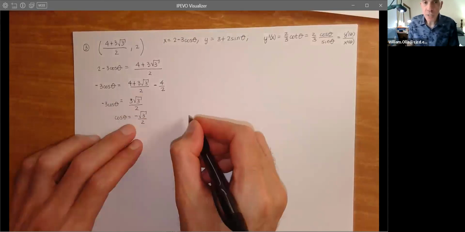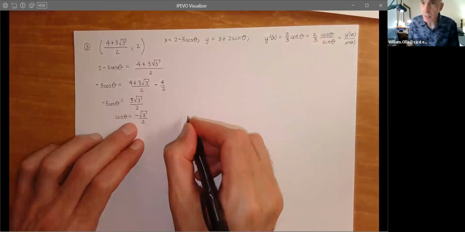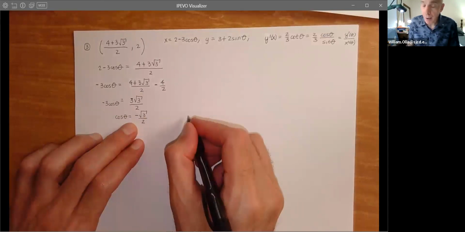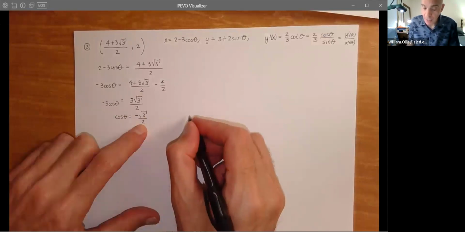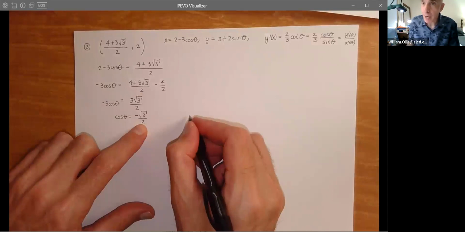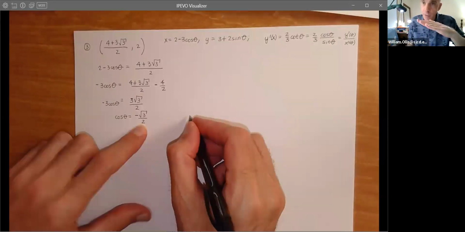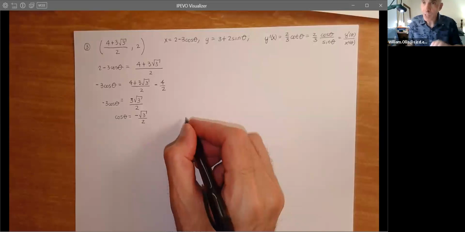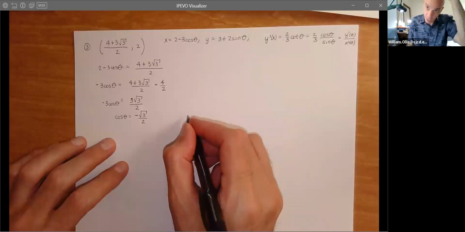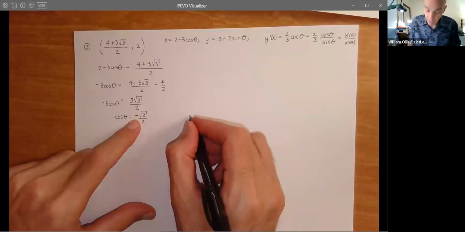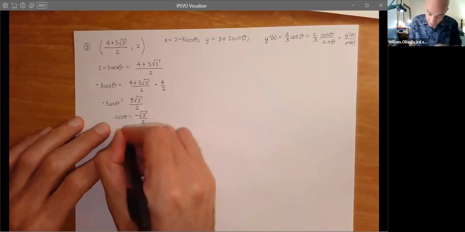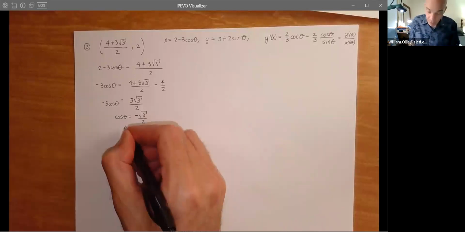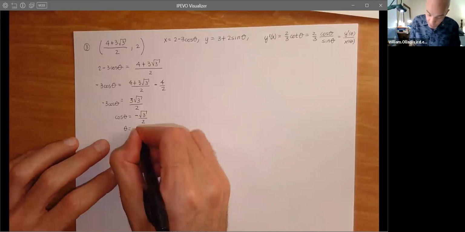Now, of course, the inverse cosine lives between 0 and pi, and so this is going to give us 5 pi over 6. That is pi over 6 in the first quadrant, and then 5 pi over 6 in the second quadrant, where the cosine is negative. So we have theta equals 5 pi over 6.